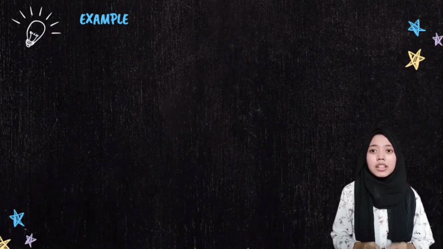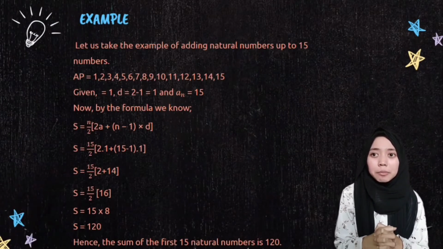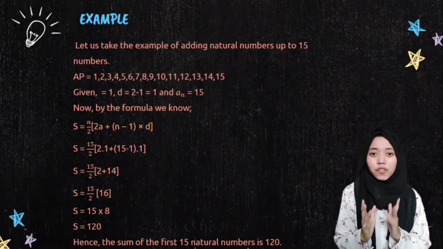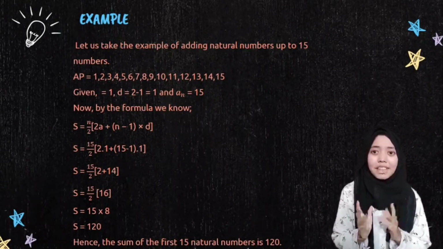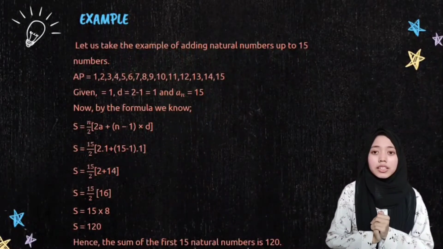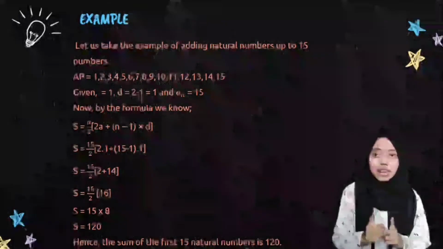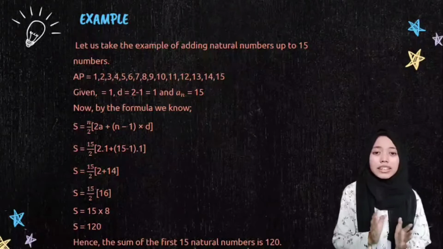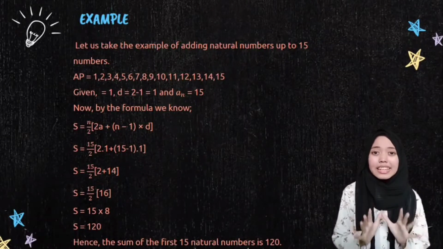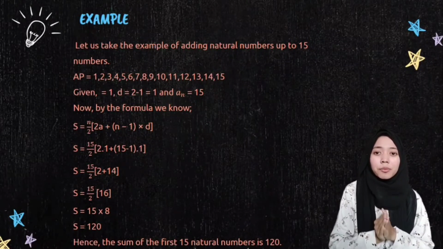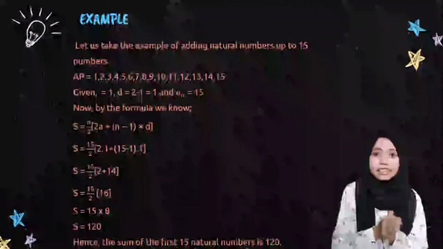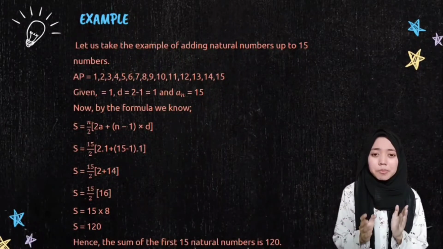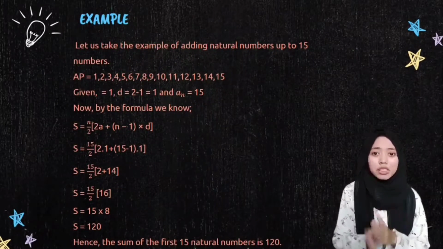So for the example of adding natural numbers up to 15. The progression is 1, 2, 3, 4, 5, 6, 7, 8 until 15. Given a is 1, t is 2 minus 1, which is 1, and an is 15, n is 15. Now from the formula, we know that Sn equals a half of n times in brackets 2a plus n minus 1 times d.